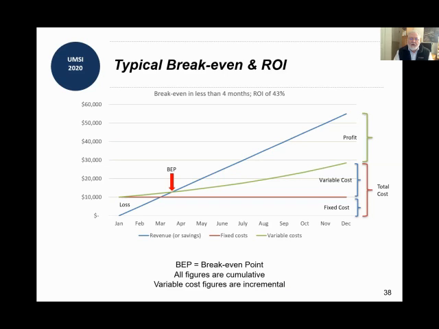There are variable costs, and those are typically related to the number of products that are sold. So this may be support costs, for example, and other related costs that vary with the size of the sales. And the break-even point is when the cumulative variable plus fixed cost crosses the revenue line.